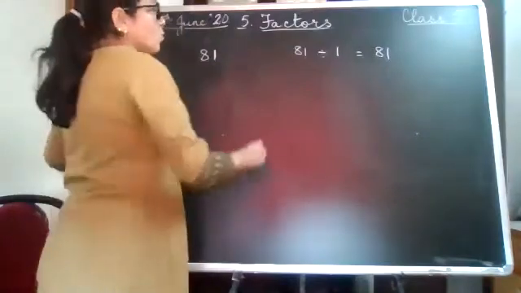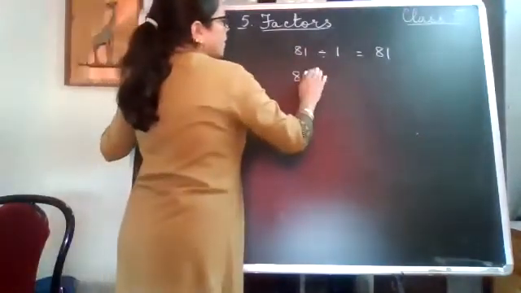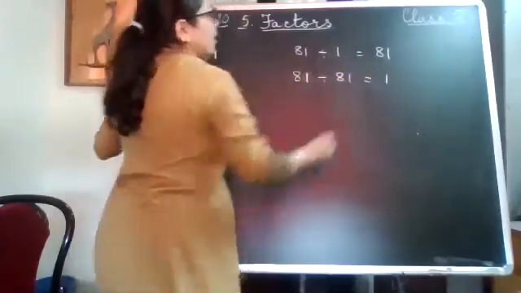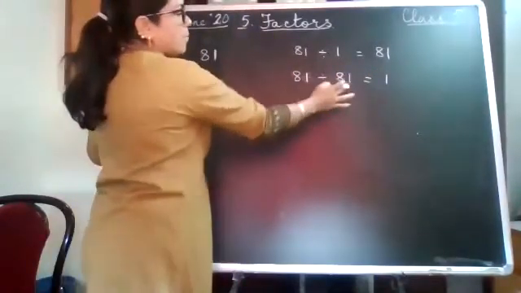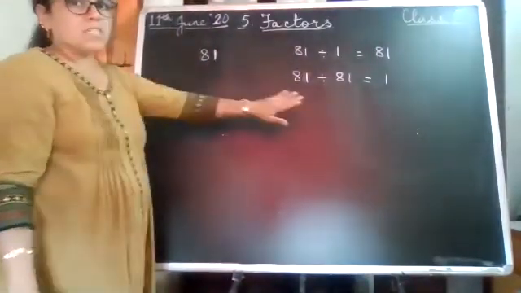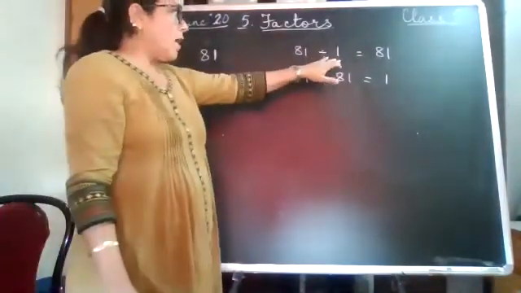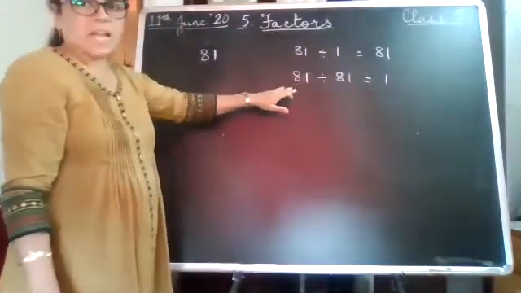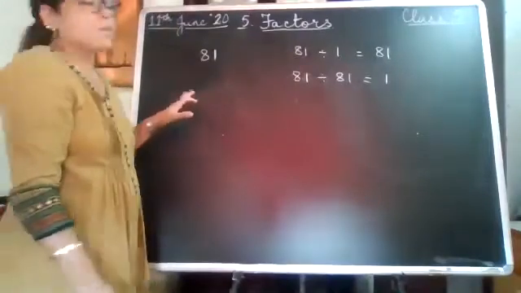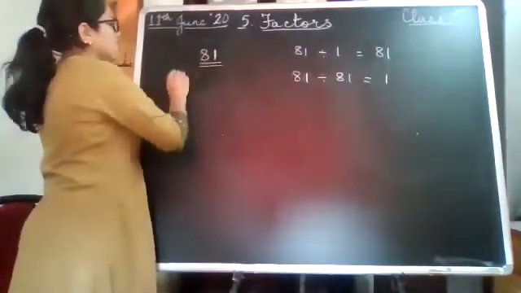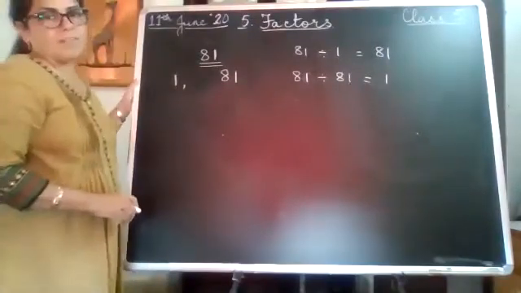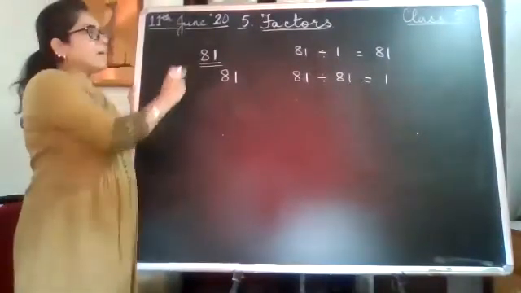And also, if I divide 81 by 81, I get 1. When I divide two same numbers, I get the answer 1. What does this show to us? That 1 and the number itself will always divide a given number. So 1 and 81 are factors of 81 because they can divide 81.